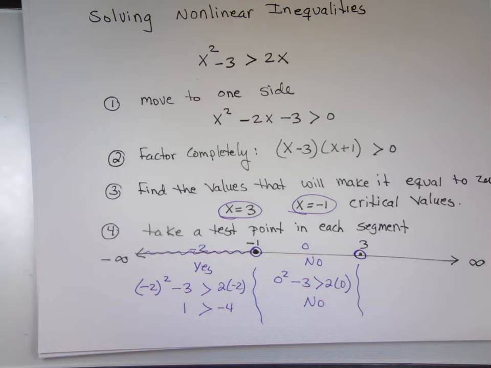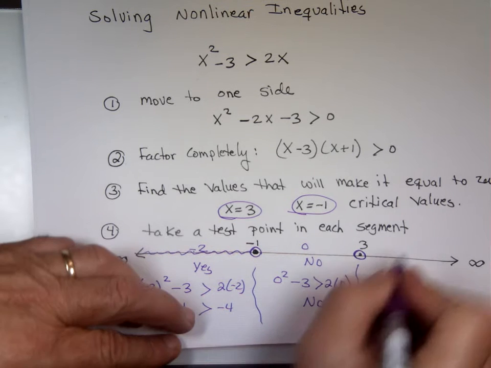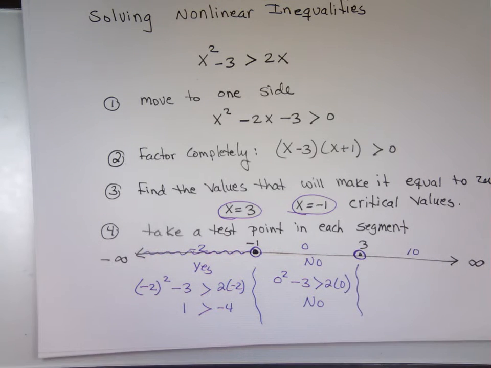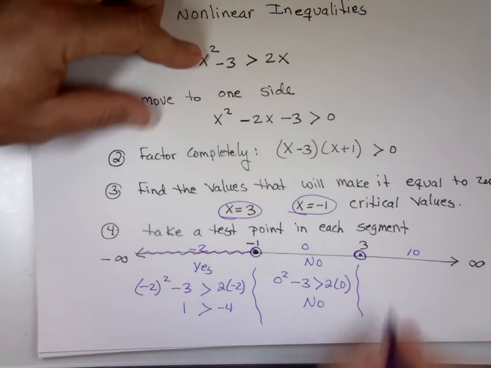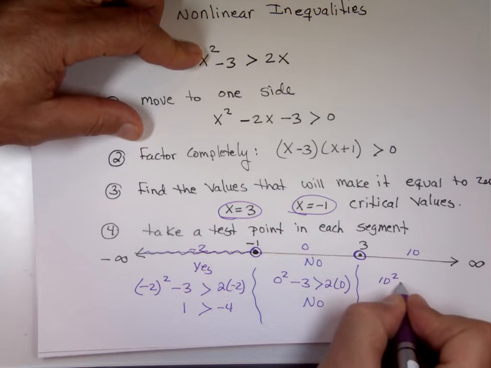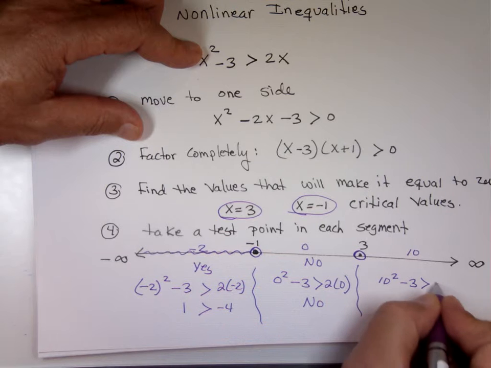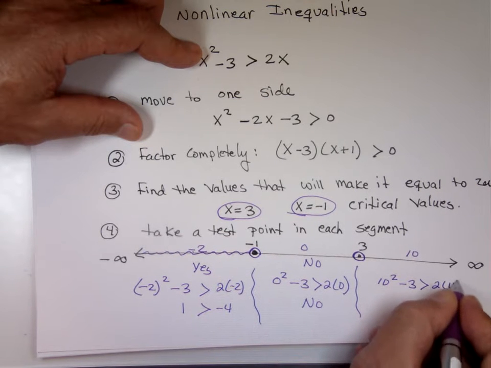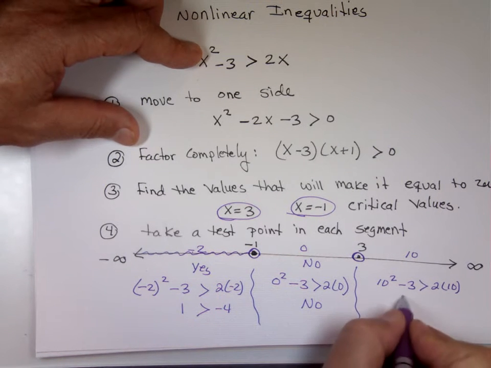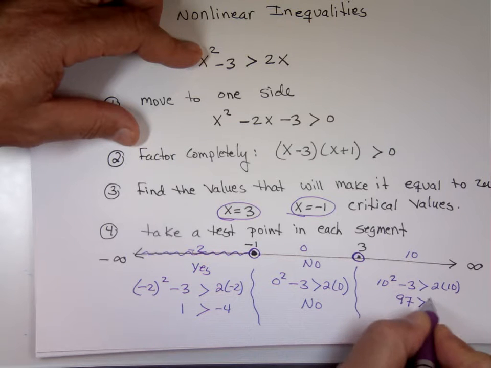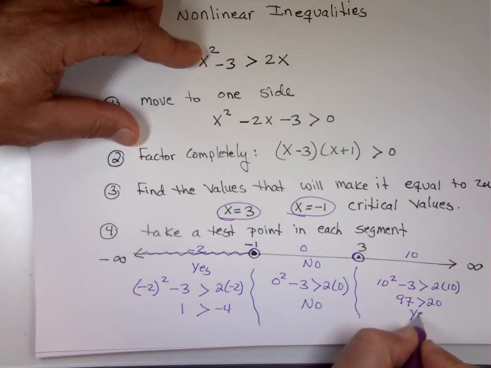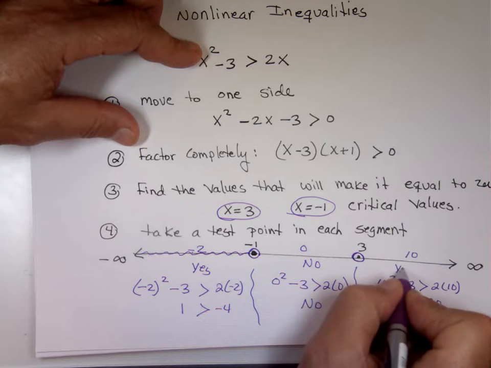Let's pick a value more than 3. 10. Any number. Is 10 squared minus 3 bigger than 2 times 10? Yes. 100 minus 3 is 97. Is that bigger than 20? Yes. So this is a solution.